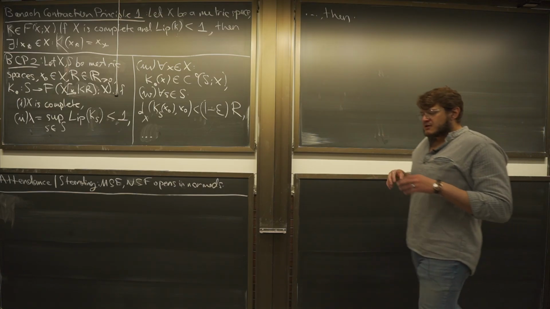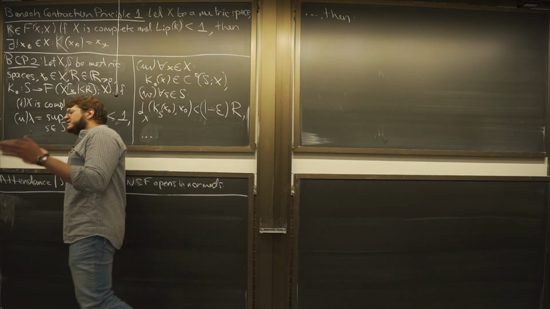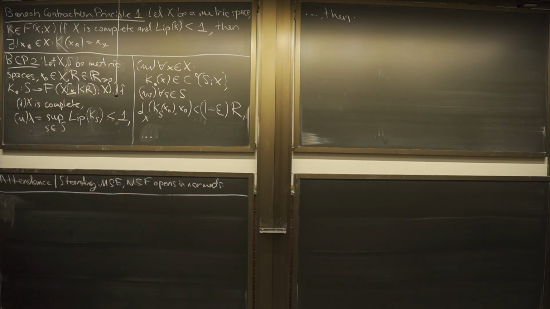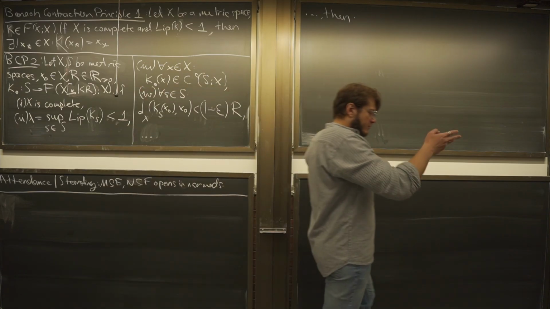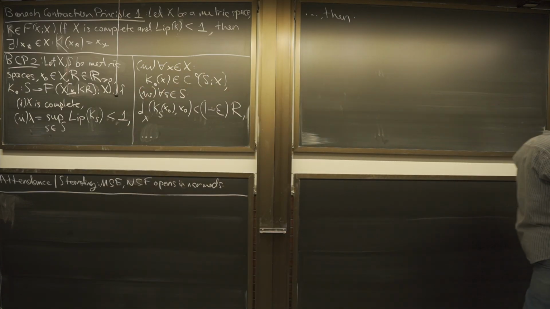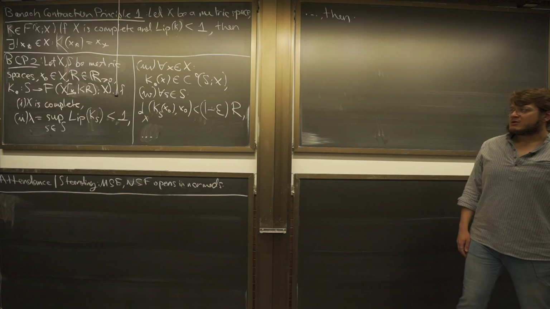You will say, I have this property, but I want this property to be satisfied typically. So maybe it's not satisfied for all such functions, but for most functions it is satisfied. And so Baire Category theorem allows you to make rigorous or precise sense of this.